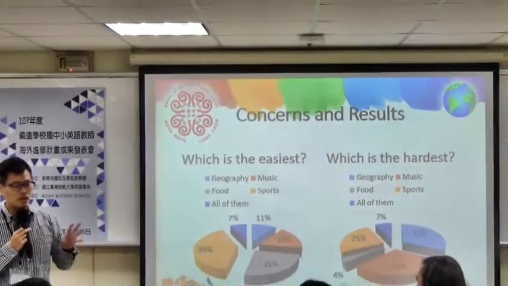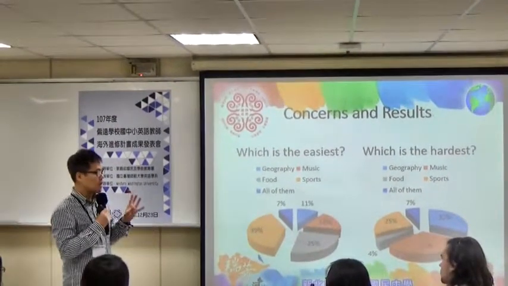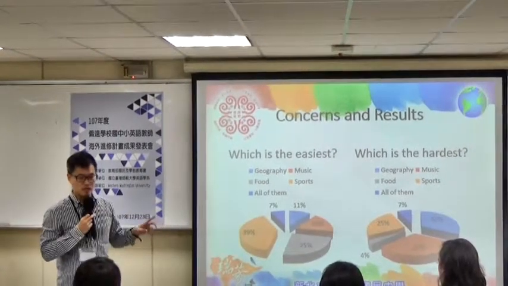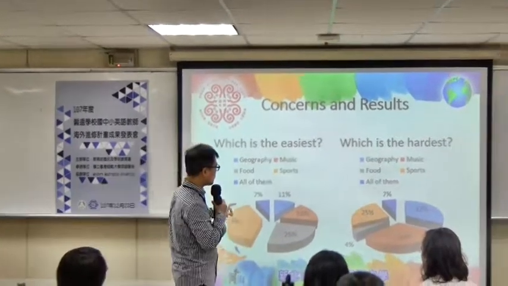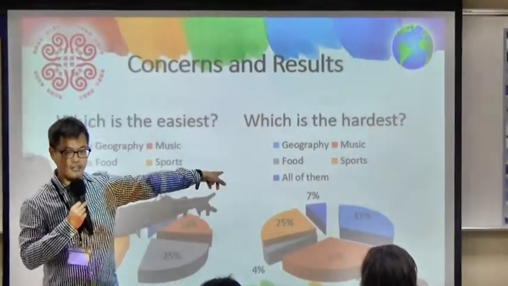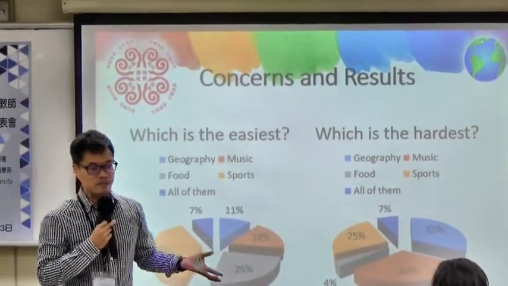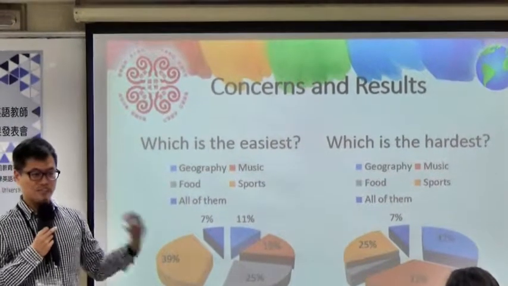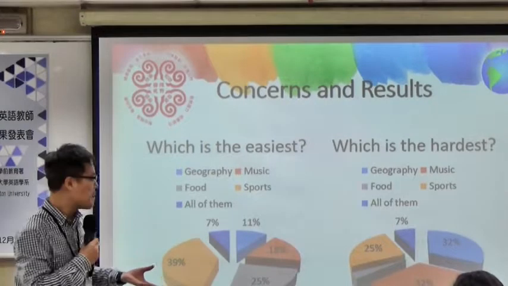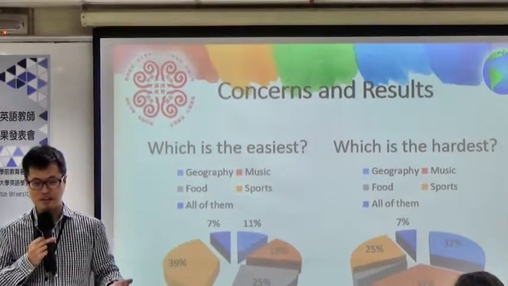They need to know many unfamiliar words in geography, so they think this part is the most difficult. And for which is the hardest, they think music is the hardest because we teach some different music genres and different instruments, like orchestra. All the students may be unfamiliar with this kind of instruments.